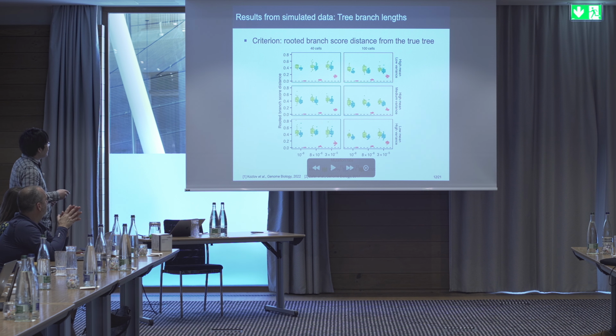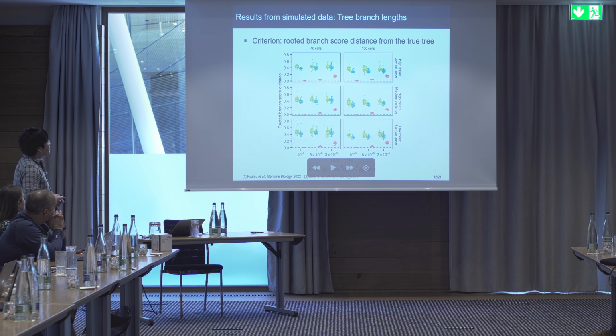The second one is the number of cells, where we have 40 cells or 100 cells. And the third one is the coverage qualities, where we vary the mean and variance of the sequencing coverage per allele. Altogether, it gave us 18 possible combinations.